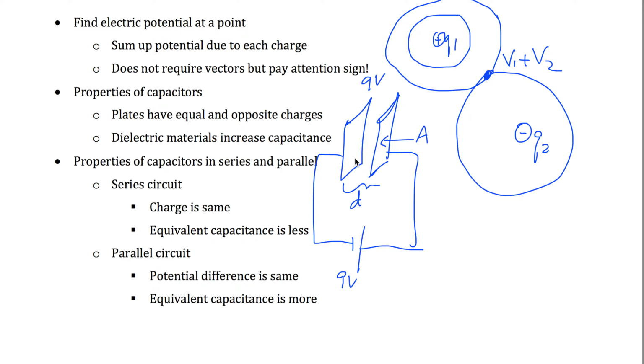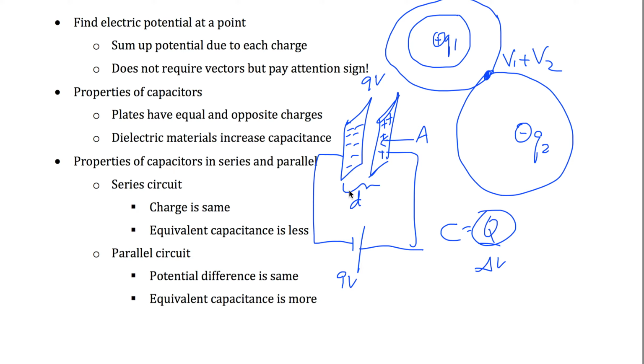So that means they're going to build up some charge. The greater the capacitance, the more charge they can hold. That's what the equation Q over delta V stands for. Plates have equal and opposite charges, so this Q is the charge on one plate. This plate is positive, this plate is negative. It's the same amount of charge on each one.